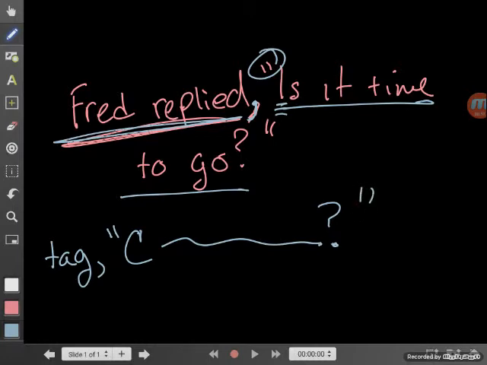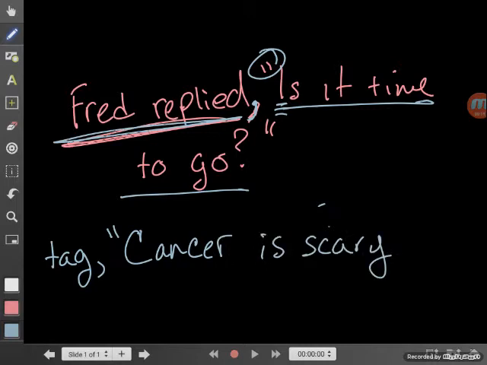and quotation marks. But guys, even if it's a period here, so if instead of saying, "Is it time to go?" instead of having a question, if I said, "Cancer is scary," okay, I might put a period because it's a statement and close. But wait, it had a tag.